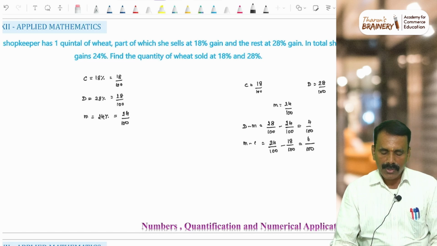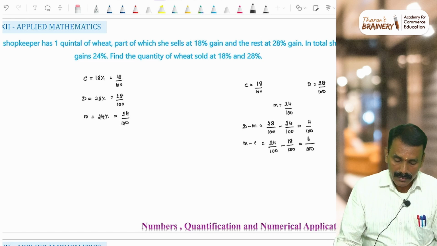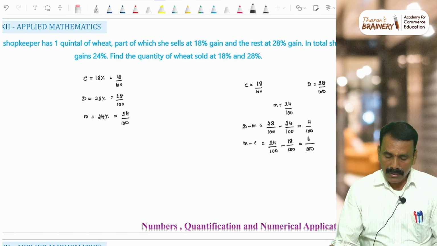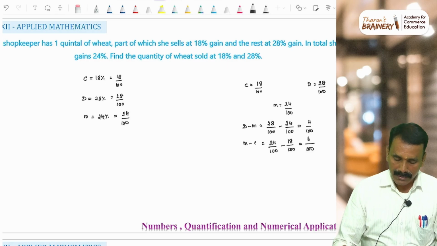So we are going to find the ratio in which the quantity of wheat sold at 18% gain and quantity of wheat sold at 28% gain.